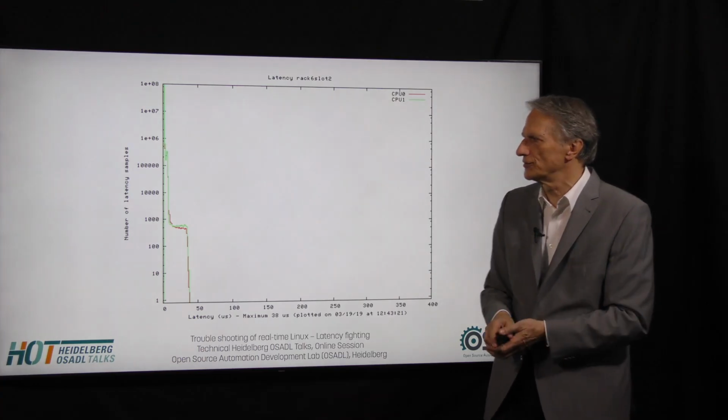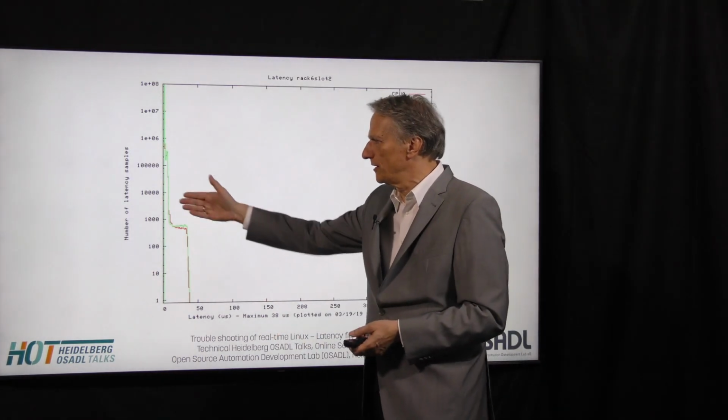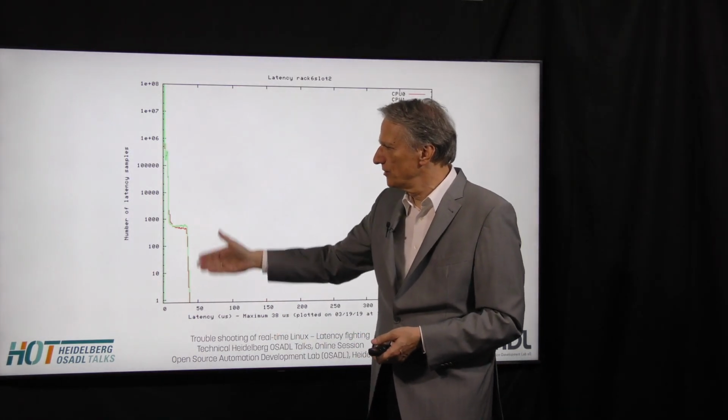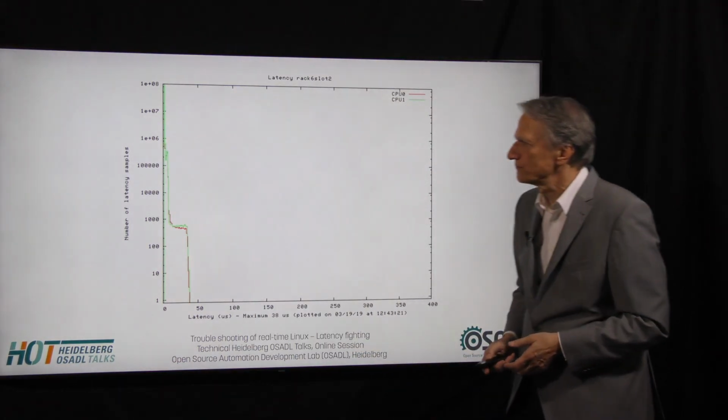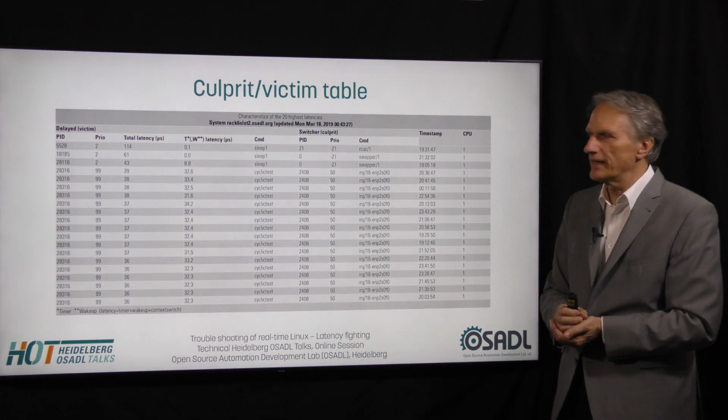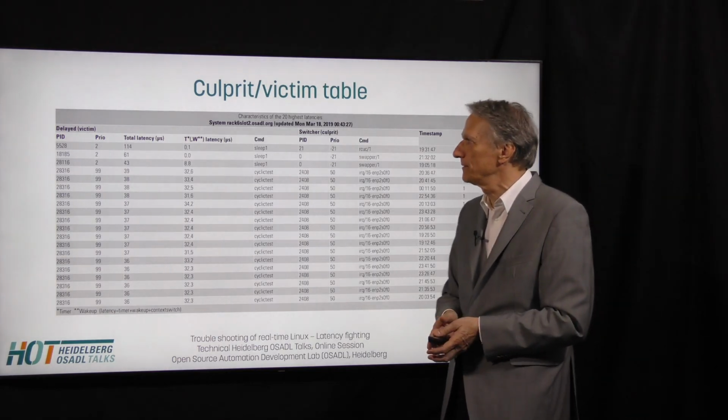And then, of course, it is a very good idea to get rid of this plateau here, which doesn't look to belong here. Of course, what we do next is we look at our culprit-victim table.